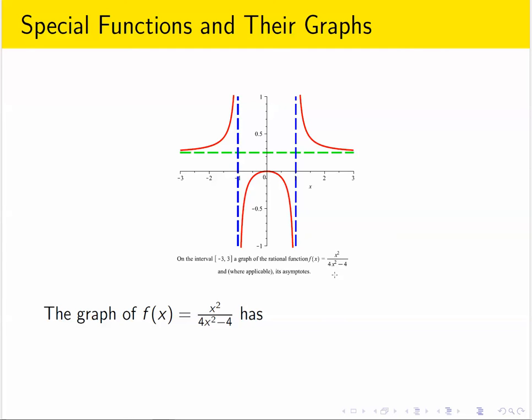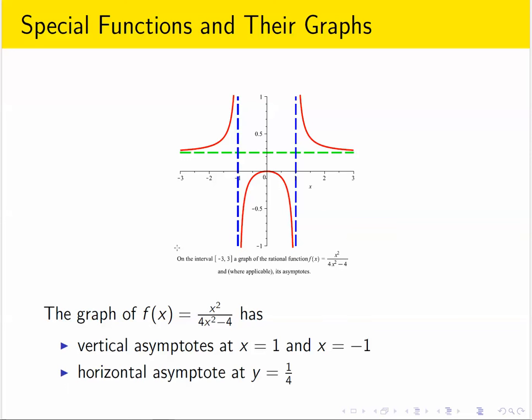So this function, x squared over 4x minus 4, has 2 vertical asymptotes. We can see that the function's hugging those vertical lines in these various places. And it also has a horizontal asymptote.